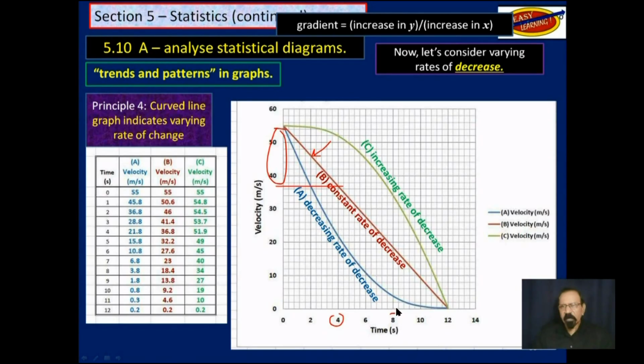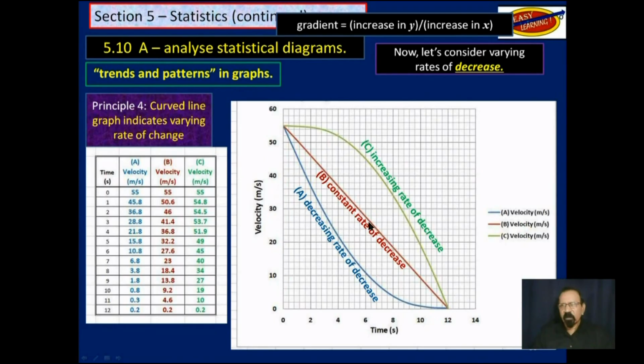The next 4 seconds brings us here. You have this amount of decrease. And the last 4 seconds, you have this amount of decrease. So you could see an equal amount of decrease. That's for this brown line here, a constant rate of decrease.